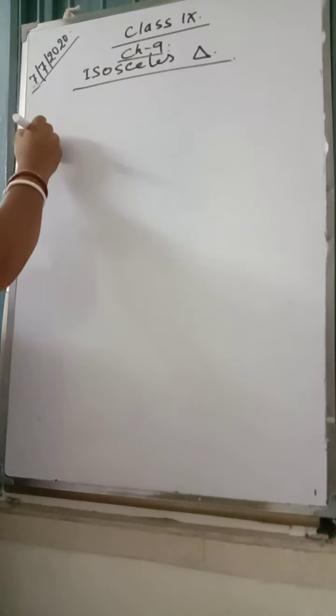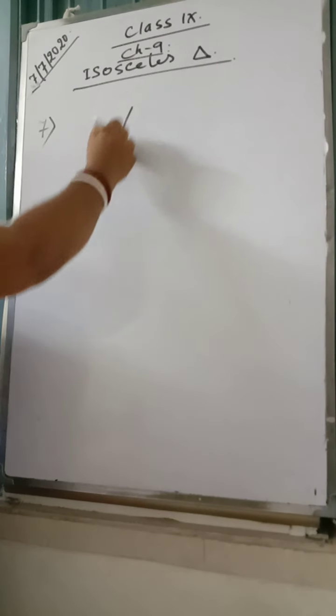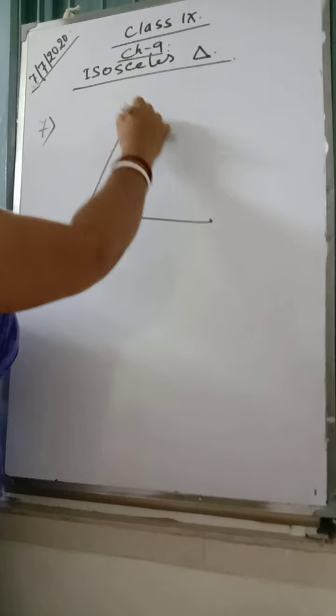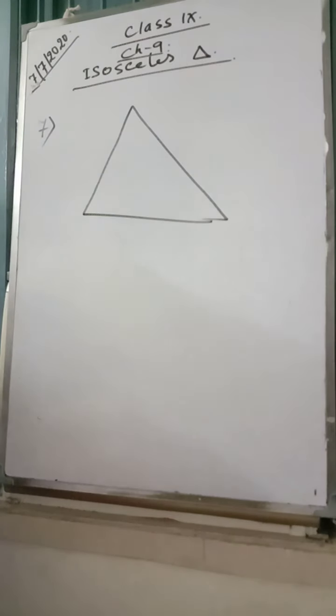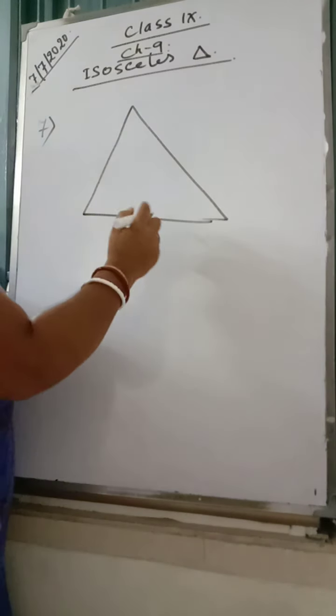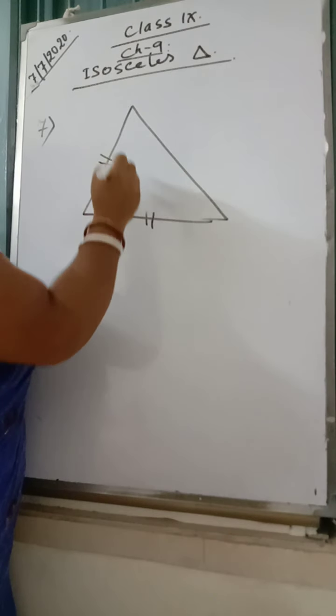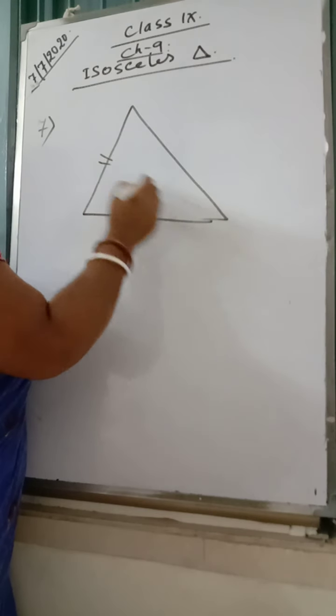It says the medians corresponding to equal sides of an isosceles triangle are equal. Maybe these two sides are equal. Now what is a median?